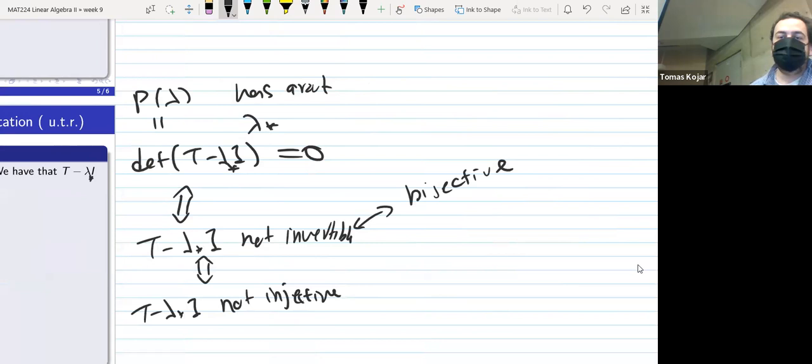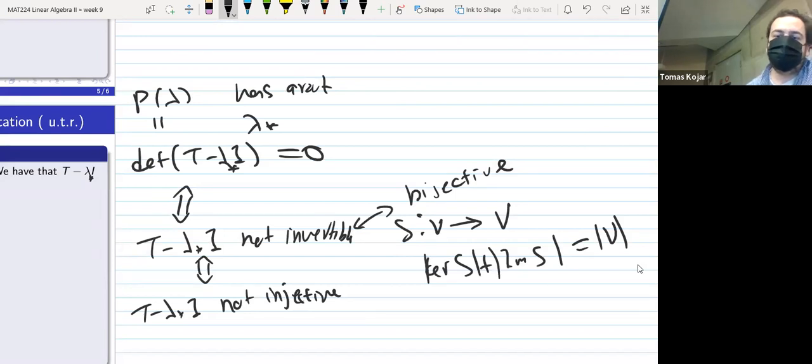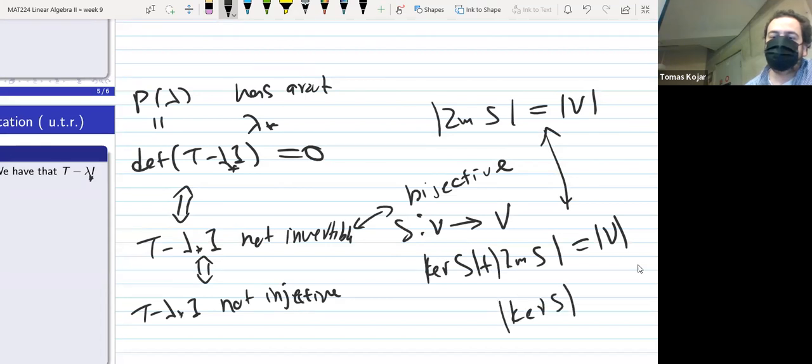But we proved that when a map S goes from V to V, then you have rank-nullity. So the dimension of the kernel of S, plus the dimension of the image of S, is equal to dim V. To be bijective means that the image of S is the whole space V. So from here, you get that the kernel of S is 0.